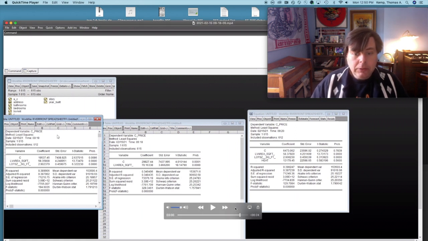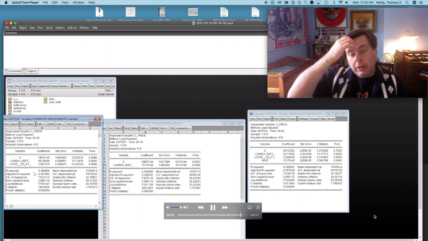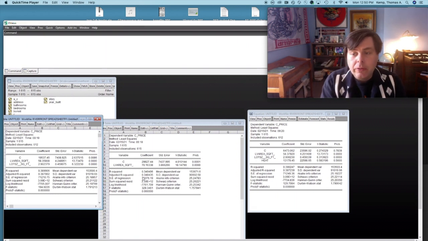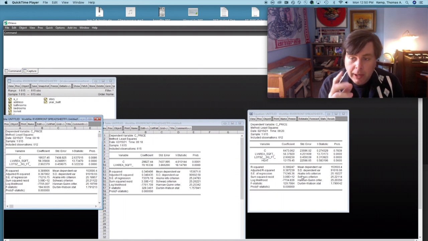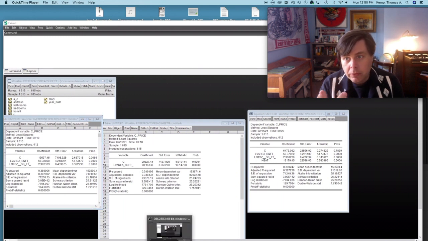So here I'm pointing out this relative stability, and we have examples both ways: what it looks like when we're adding variables that really don't tell us anything, like in this case heat, or when we're missing variables that are obviously really important, like the size of the lot.